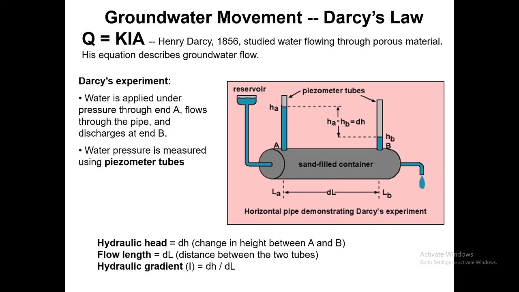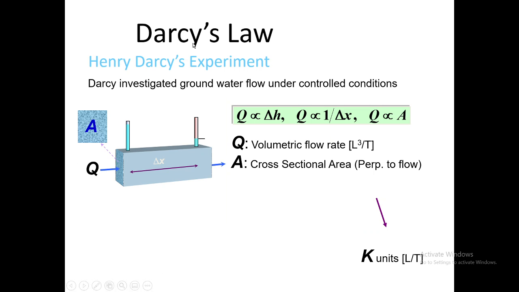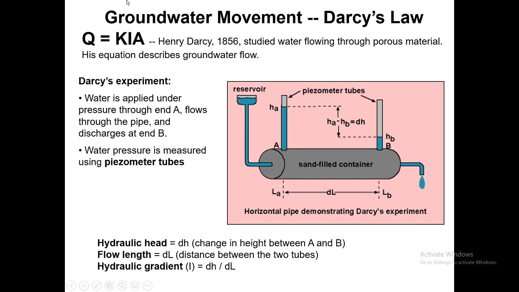This is Darcy's law, and here is the equation of Darcy. Q is equal to KIA. Darcy's experiment is normally conducted in our labs with this kind of column setup, through which we have some typical medium, and the water is allowed to move through it.